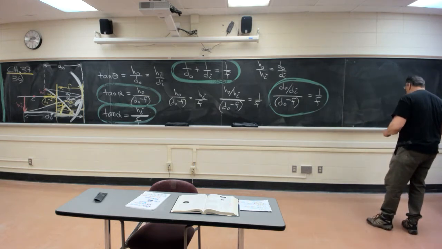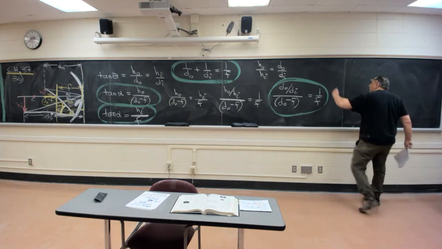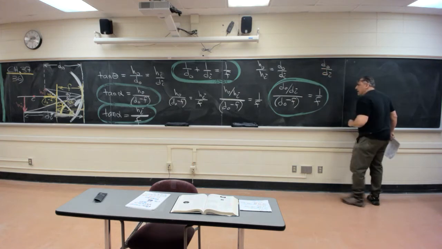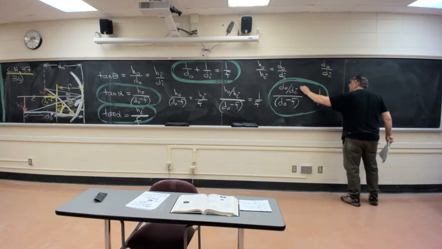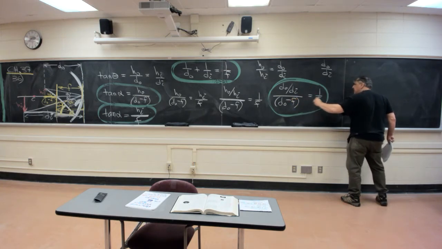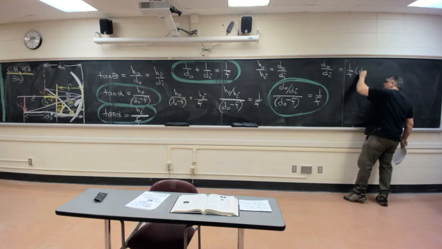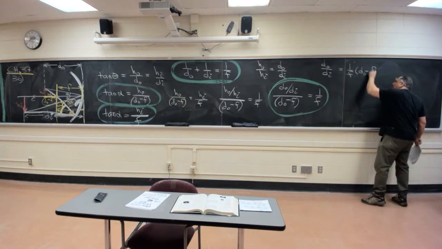See what you can do. Multiply by the quantity DO minus F on each side, and you got DO over DI just by itself. Multiply by the quantity DO minus F on each side. Okay.